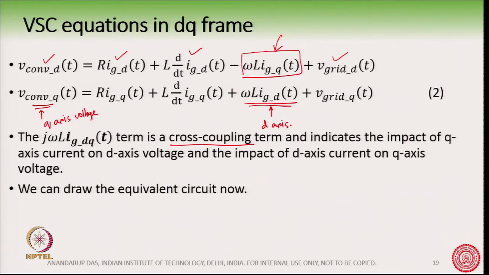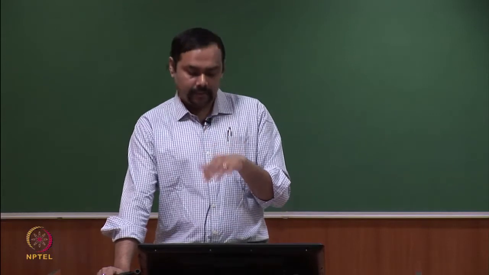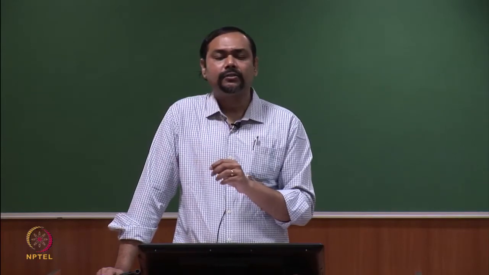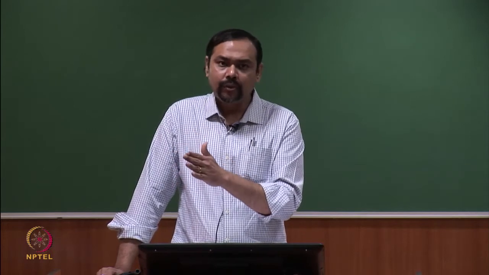We will change the d axis voltage so that the d axis current flows directly, which indicates that I can accurately control the active power P. Later we will see that active power is controlled by the d axis current and reactive power is controlled by the q axis current. But when we want to control the active power P, we do not want to change q, so we do not want an interference from the q axis current.